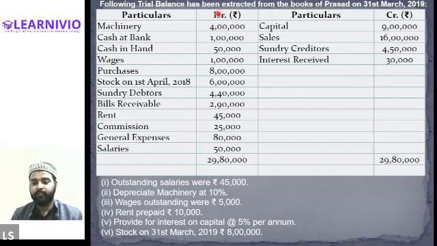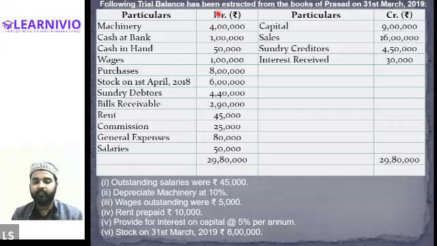Then we have salaries. So salary is obviously an expense, and additional information is also given in the question. Item first, outstanding salary 45,000. So salary 50,000, outstanding salary 45,000. That means a total of 95,000 should be debited in the profit and loss account.